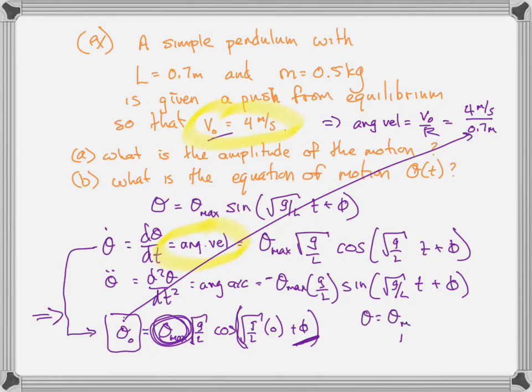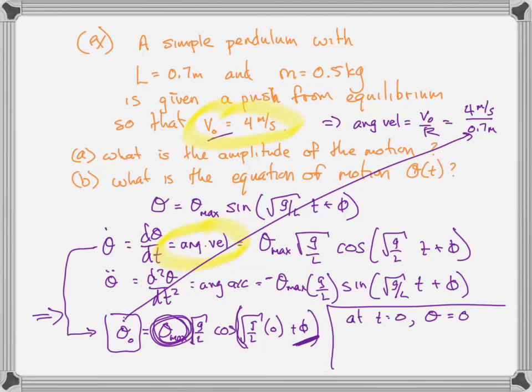Theta is equal to theta max sine... Do we know what phi is? We do know what phi is, because of initial conditions. Our initial conditions are at t equals 0. What is theta? We always figure out phi from initial conditions; the phase factor always comes from initial conditions. So at t equals 0, theta is 0.